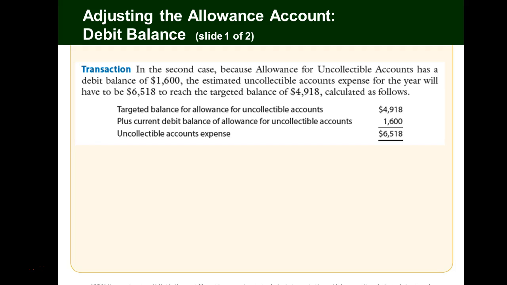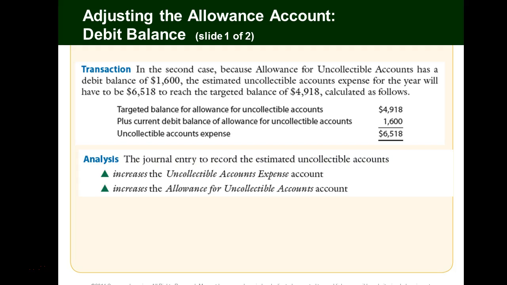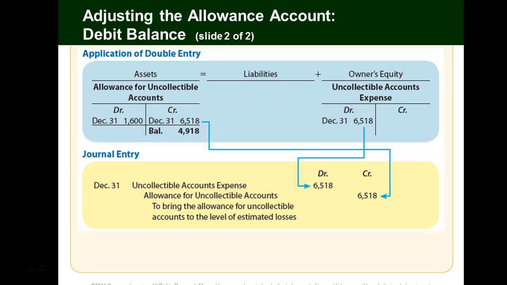So in order to create a credit of $4,918, we're going to have to do a journal entry that shows an uncollectible account expense of $6,518 and a credit to our allowance for uncollectibles of $6,518.